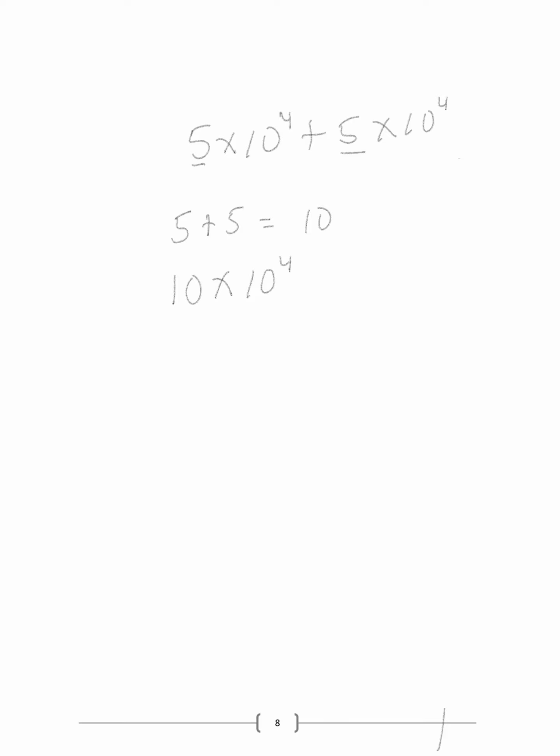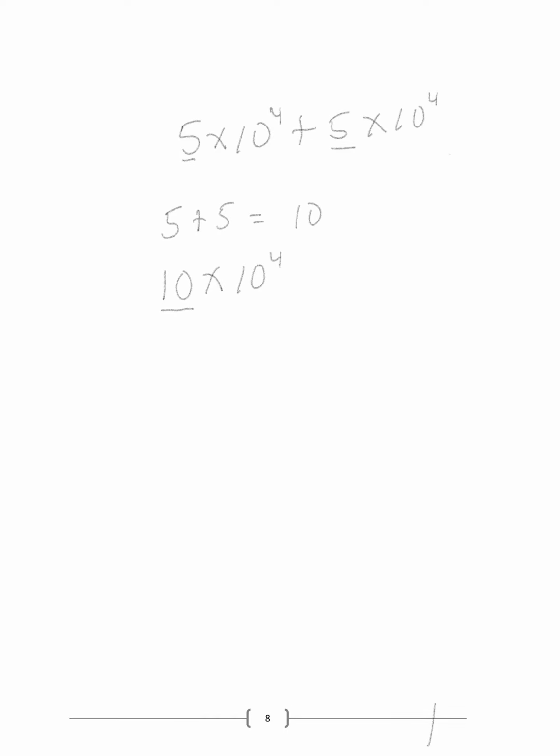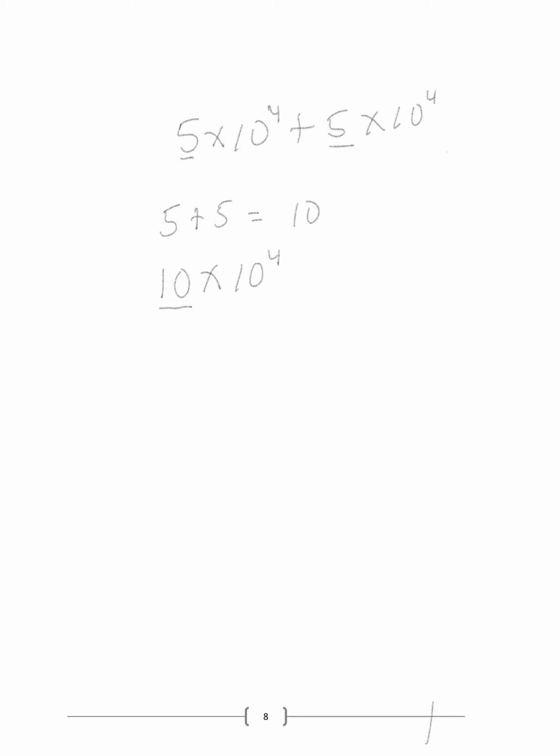However, if you remember, my coefficients have to be 1 or greater, but less than 10. So I can't keep it this way. What I have to do is move the decimal place one place to the left. When I do that, I have to add 1 to the exponent, because I moved it one place, 4 becoming 5. So I'm going to have 1.0 times 10 to the 5th as my number.